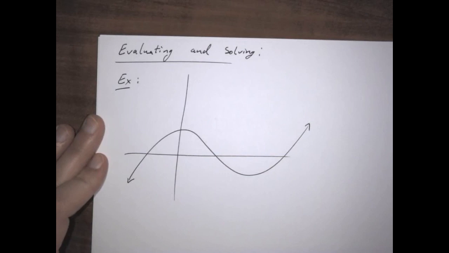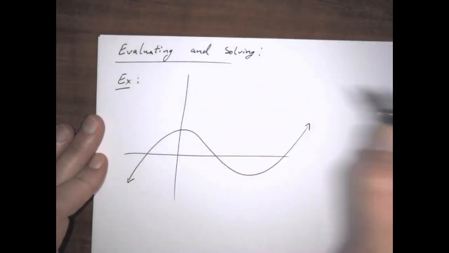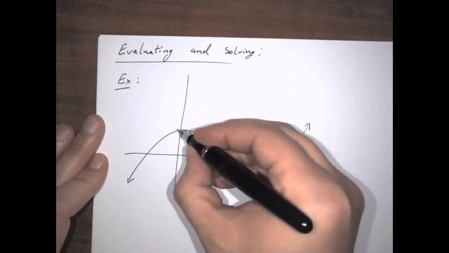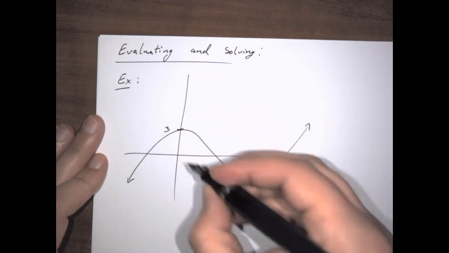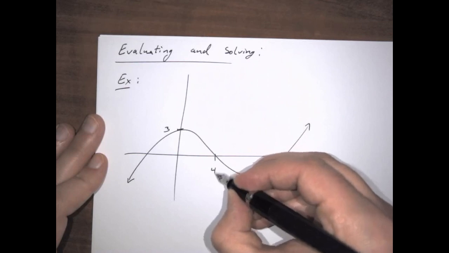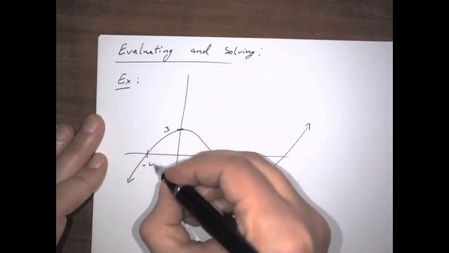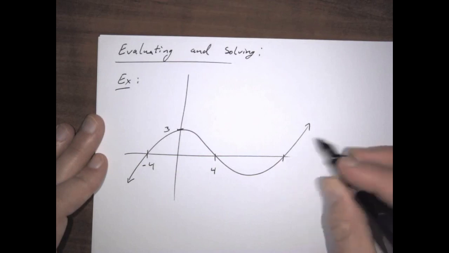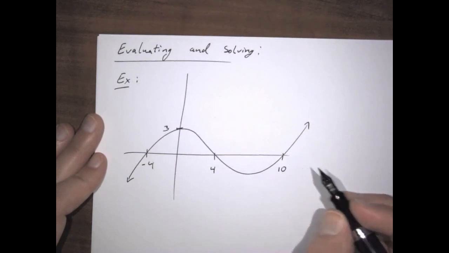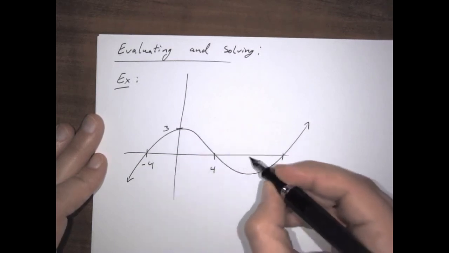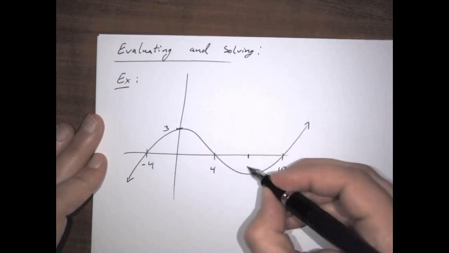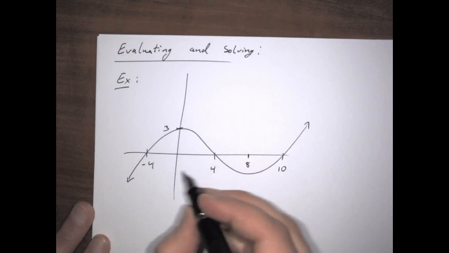And let's say that some of the key values here would be something like 3 for the y value there. Let's say this is equal to 4 for the x value. Let's say this is equal to -4 for the x value of that. Let's say this one is equal to 10. And then let's say furthermore that this right here is going to be 8 for the x value.